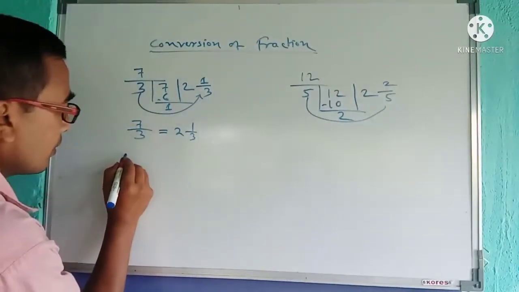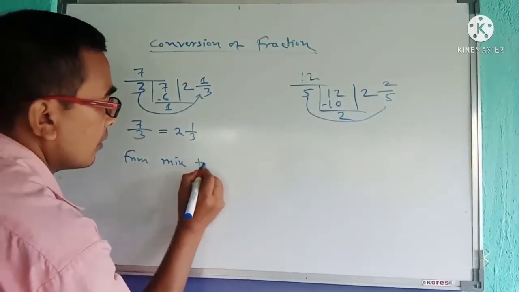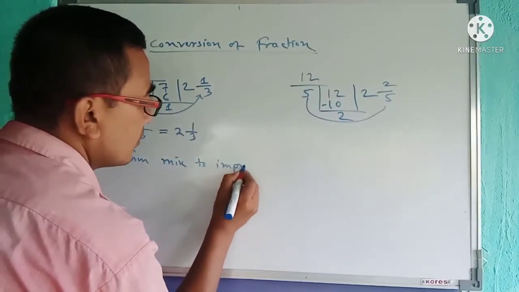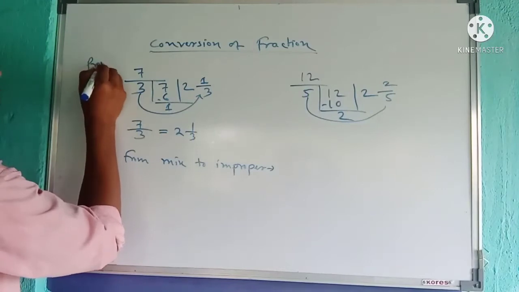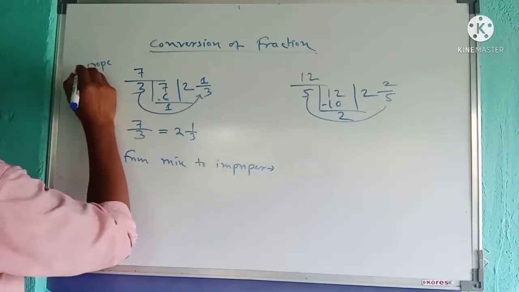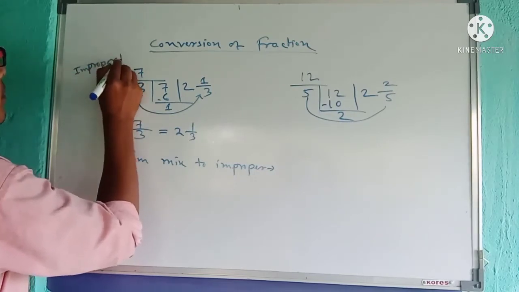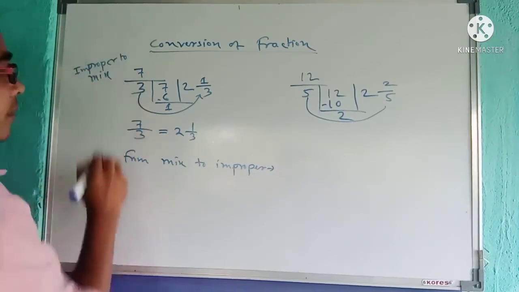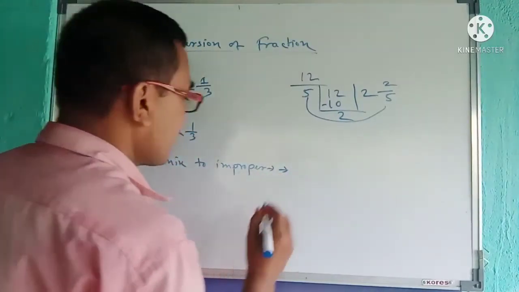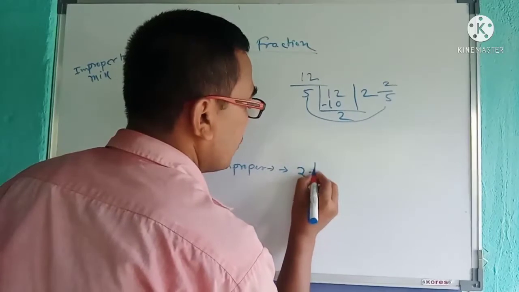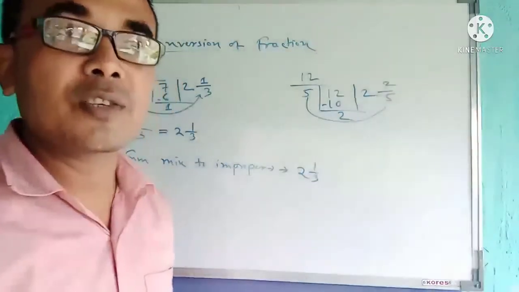Now from mixed to improper. Okay, let us have one example, that is 2 and 1/3. This is a mixed fraction, and you have to convert it into an improper fraction.